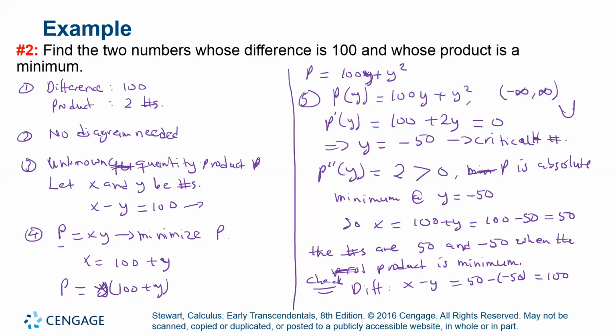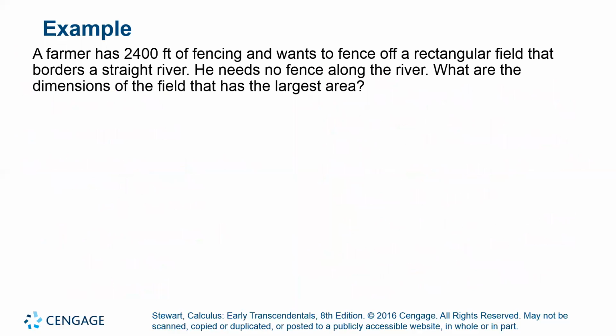Okay, so that's it. Now here's another question. It says that a farmer has 2,400 feet of fencing and wants to fence off a rectangular field that borders a straight river. It needs no fence along the river. So take note of that. What are the dimensions of the field that has the largest area?